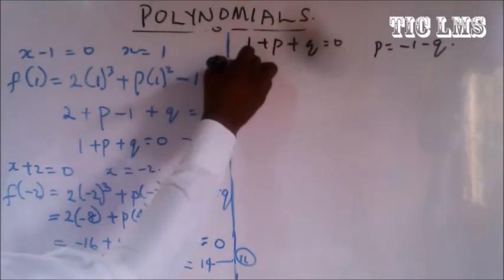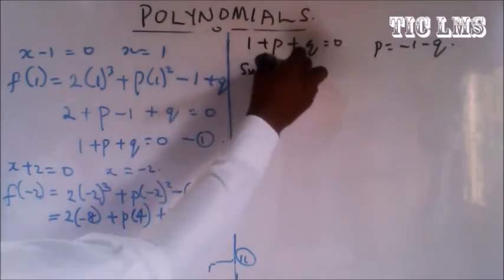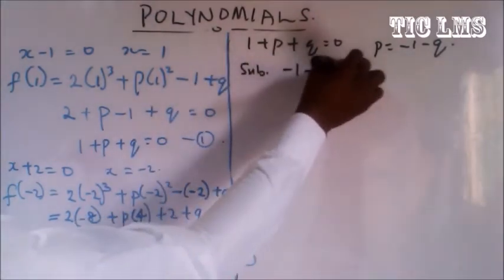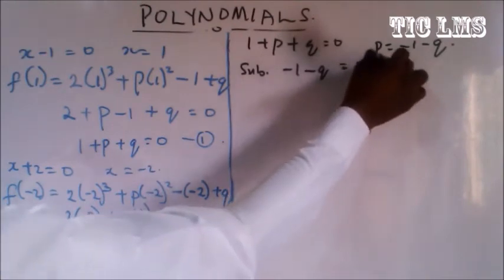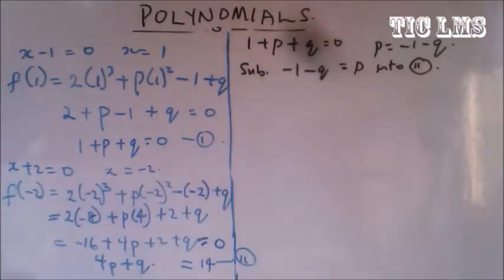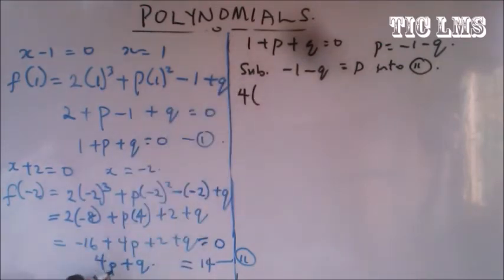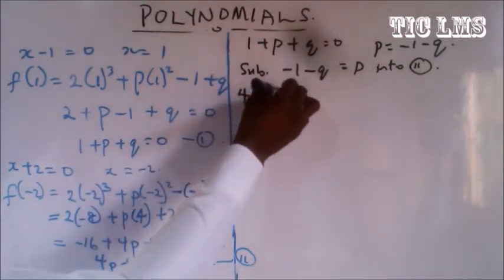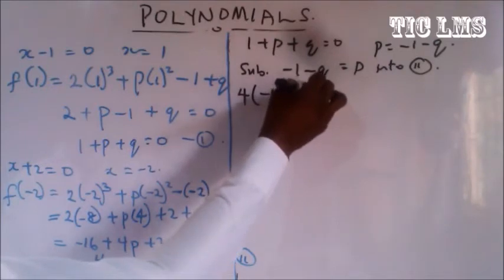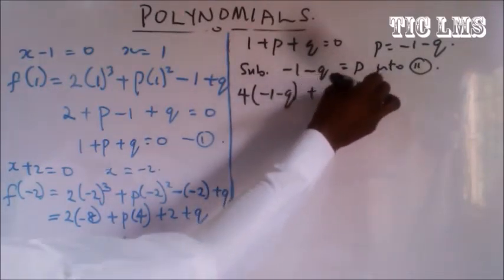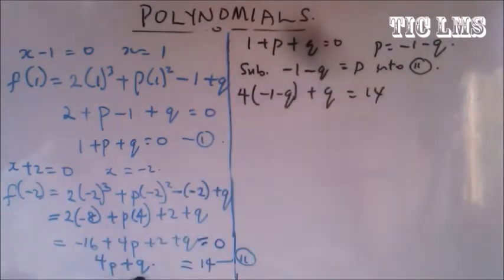So we'll substitute minus 1 minus q for p into equation 2. Here's our equation 2. We'll have it that 4 into brackets p. Now our p is now minus 1 minus q plus q equal to 14, just according to what we have here.